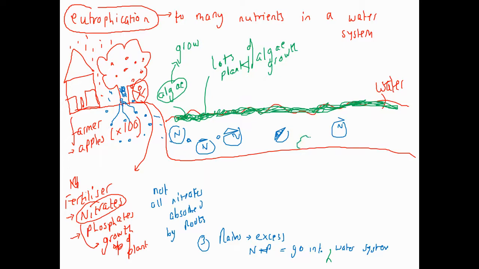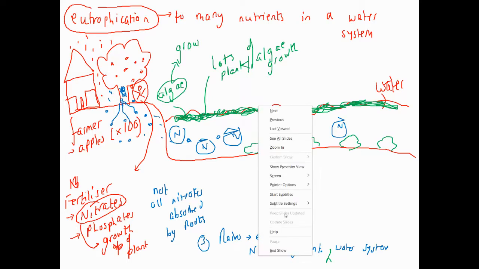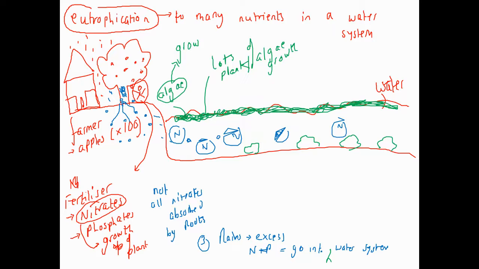However, there would also be plants at the bottom here. Hopefully you realise that the plants in the water system are now not going to be able to access any form of sunlight. All the sunlight that needs to get through is not going to be able to pass through.